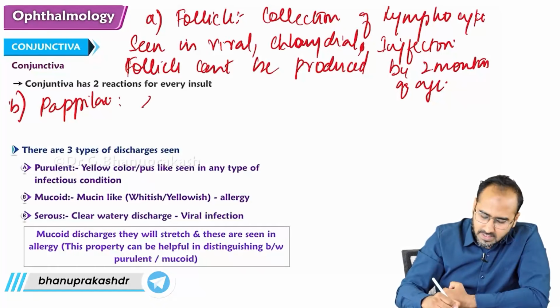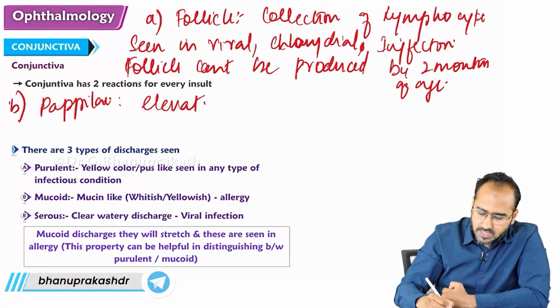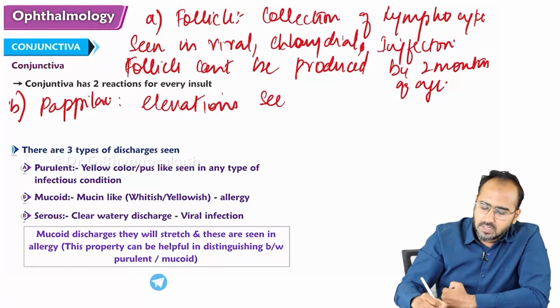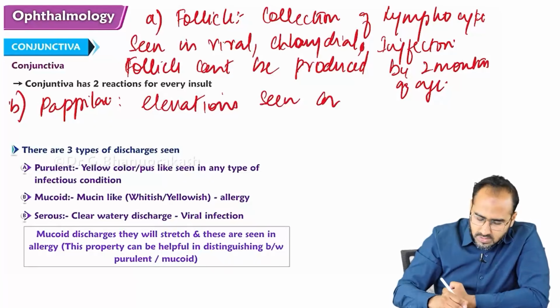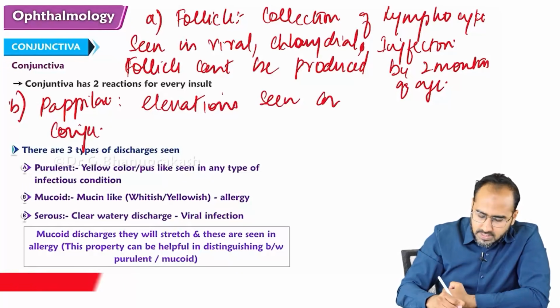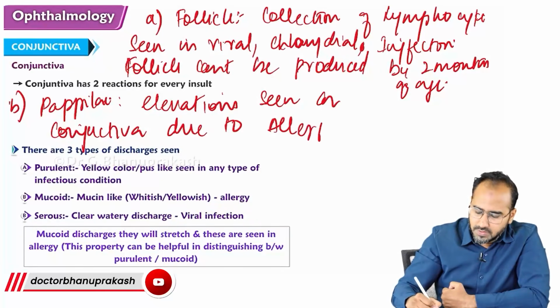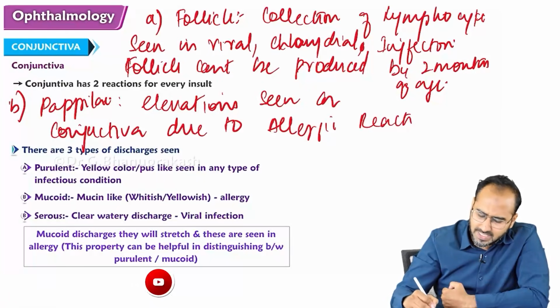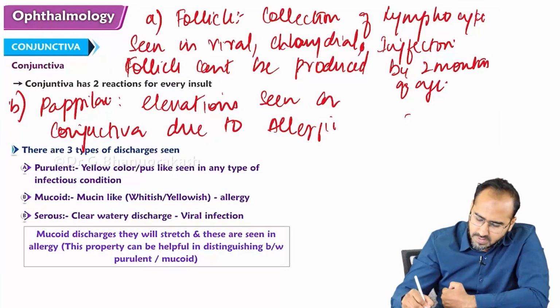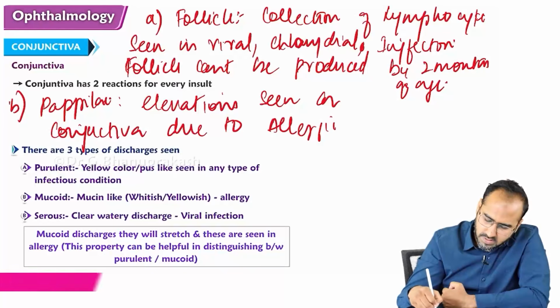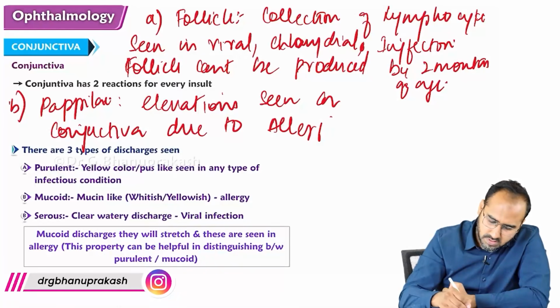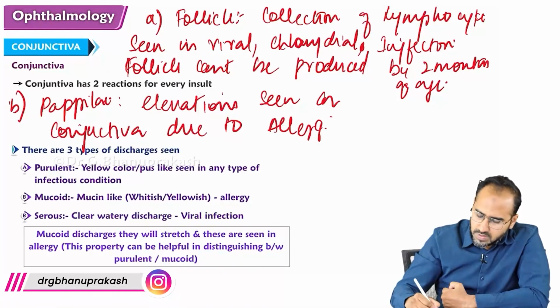Papillae are elevations seen on conjunctiva due to allergic reaction, or basically due to allergen, guys.